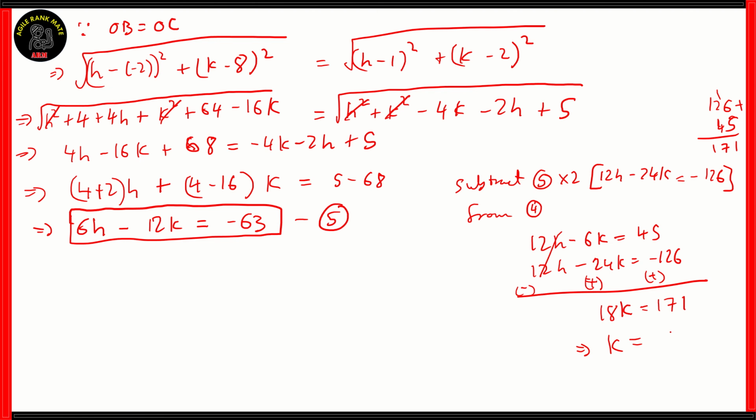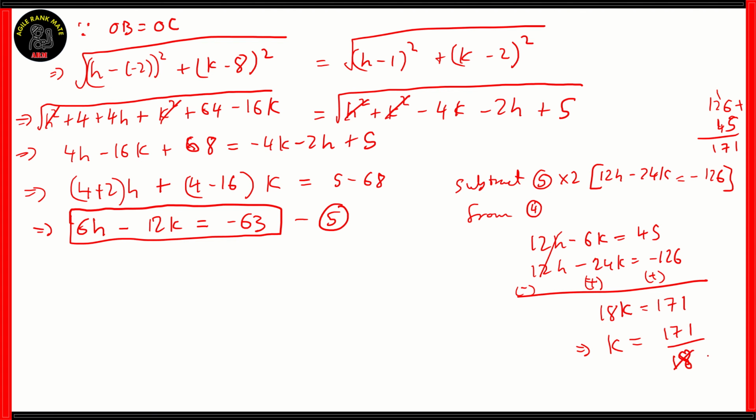That means k equals 171 over 18. So basically we can divide it by 9.